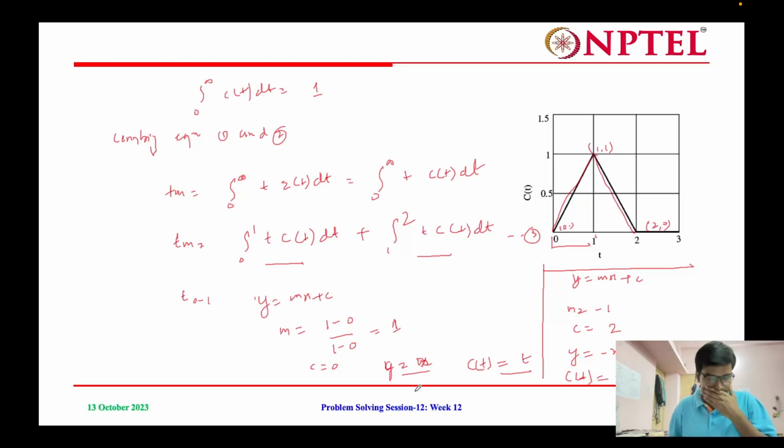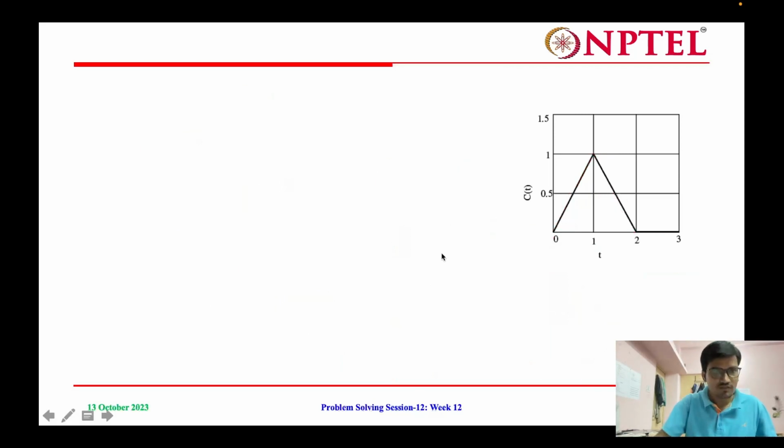Now put this value in equation 3. So tm equals the integral from 0 to 1 of t times t dt plus the integral from 1 to 2 of t times (2 minus t) dt.